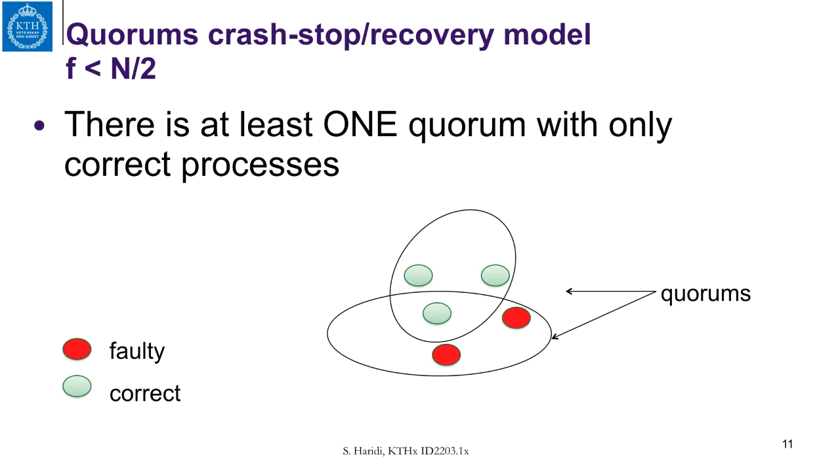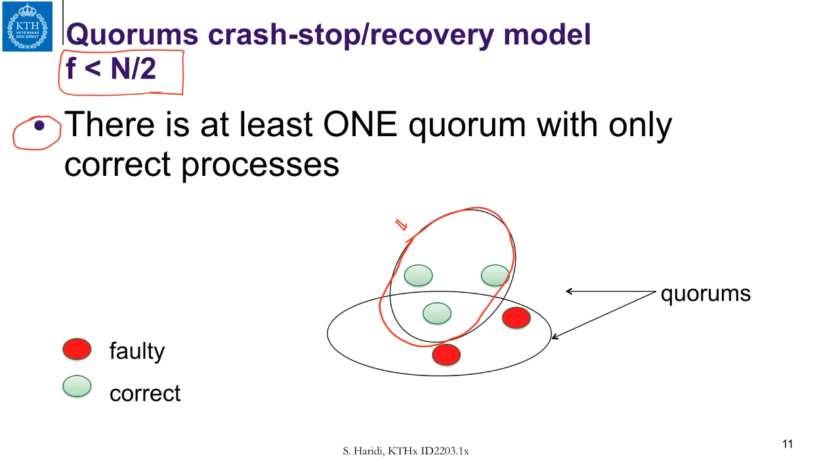Here is the next property of quorums. There is at least one quorum with only correct processes. If you look at the same example, this quorum has only correct processes. Why is that?